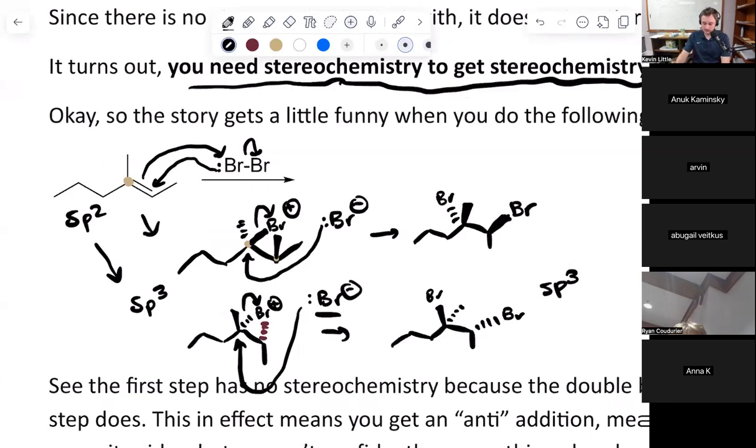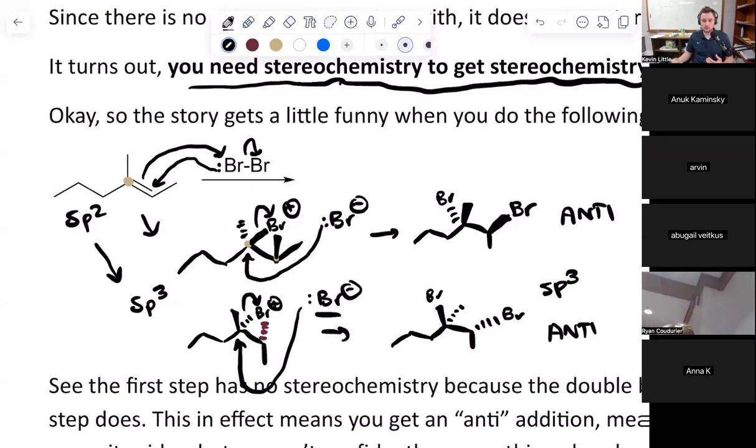In both cases, the BRs are what? Well, this BR is on a dash, this BR is on a wedge. So I would say that's anti. They're anti to each other. This BR is on a wedge, this BR is on a dash. That's anti.